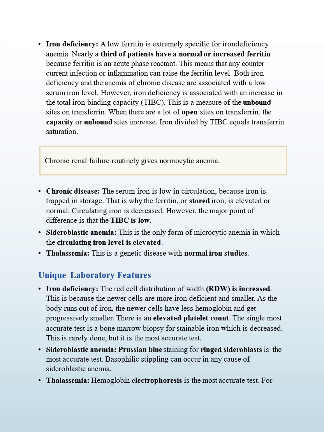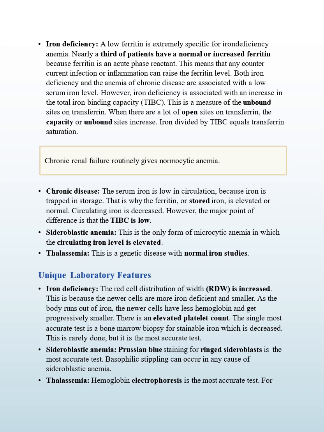If the body runs out of iron, the newer cells have less hemoglobin and get progressively smaller. In this case, there is elevation of the platelet count. And the single most accurate test is a bone marrow biopsy with staining of the iron, which is decreased. This is rarely done, but is the most accurate test.